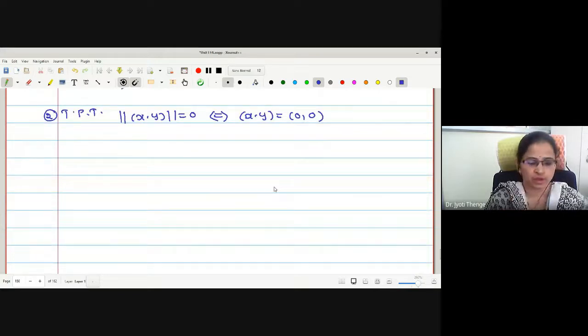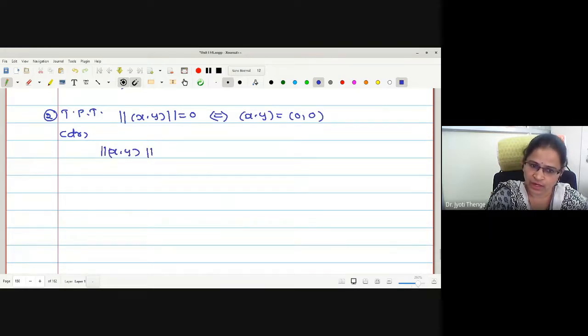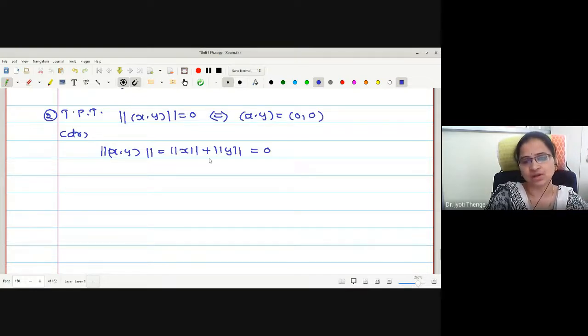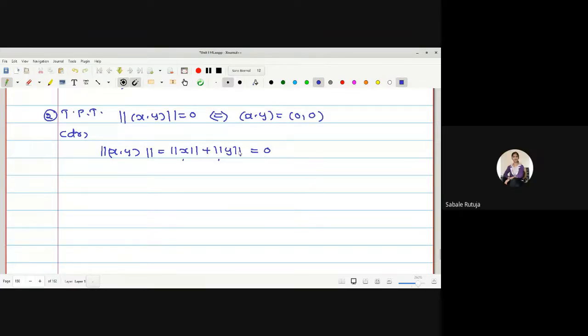Now let me consider the norm of a vector xy, defined as norm x plus norm y, equal to 0. Now look at this. Already we have seen that norm x and norm y are non-negative quantities, but we are writing the sum equal to 0. What is the meaning? Sum of two non-negative terms equal to 0 means norm x equal to 0 and norm y equal to 0.